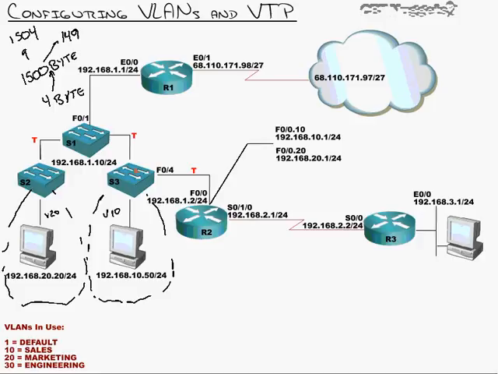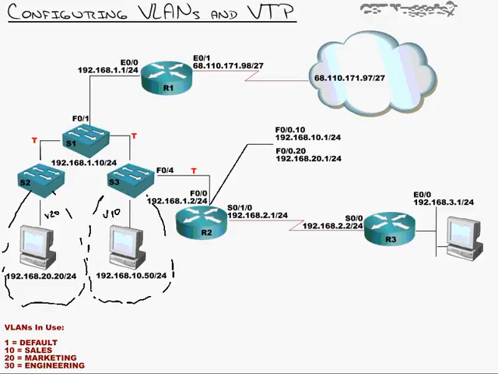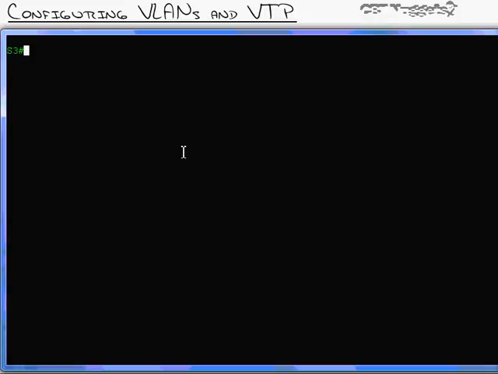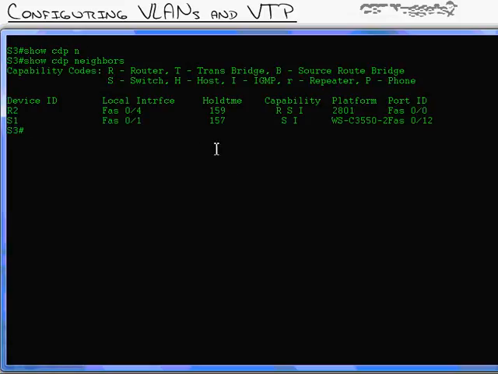Now, I need to go to the other side in order to make this work and configure switch number 1 with a trunk link going over to that router. So let me bring up my console connection to that switch, switch 3. Got it right here. And I'm going to type in, let's do a show CDP neighbors. And we can see that router 2 is attached to FastEthernet 0/4, and I can see that that connection is there.